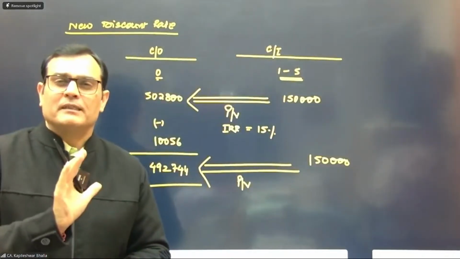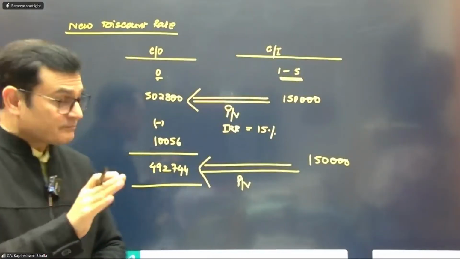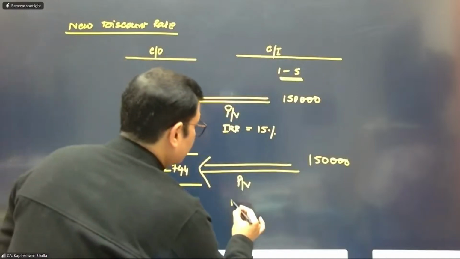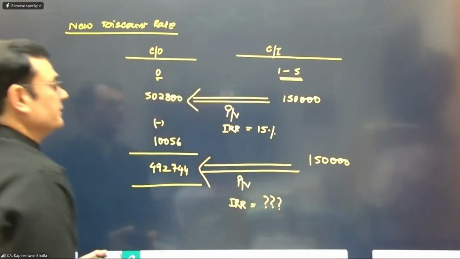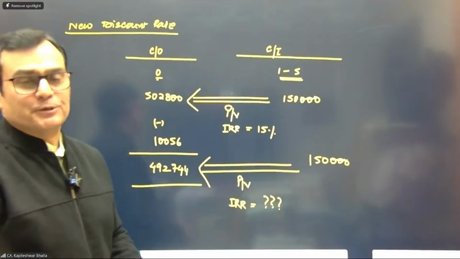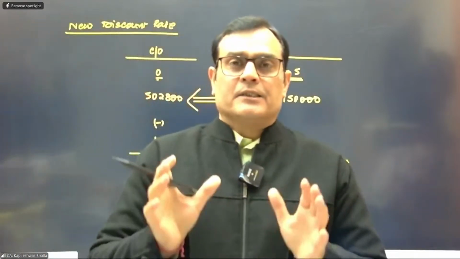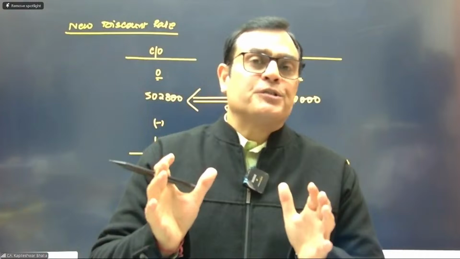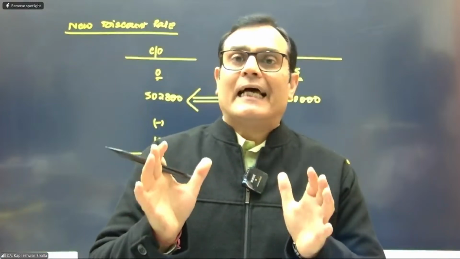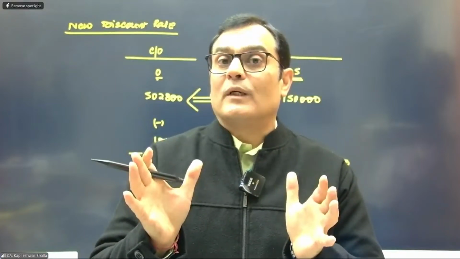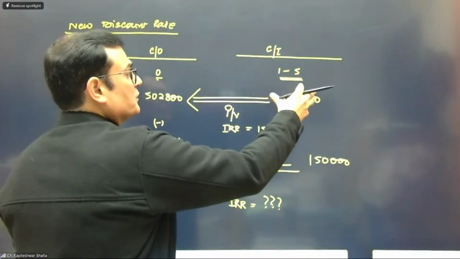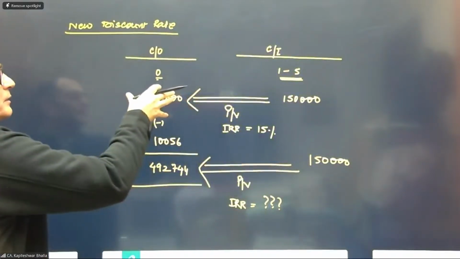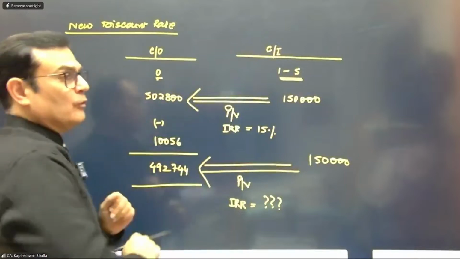I hope, friends, I'm making logical sense to you. So in this particular case, I need to find out what is the new internal rate of return. I'll put this back again to you. When we did our calculations on the split accounting, we made one thing very clear: this is the inflow from the investor's perception and this is the present value of all the inflow.